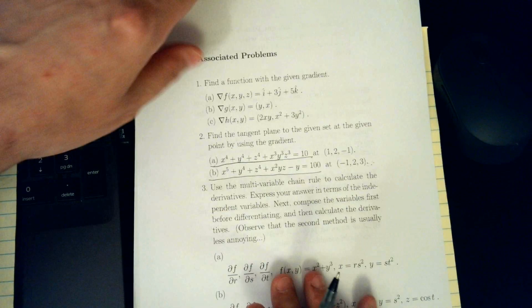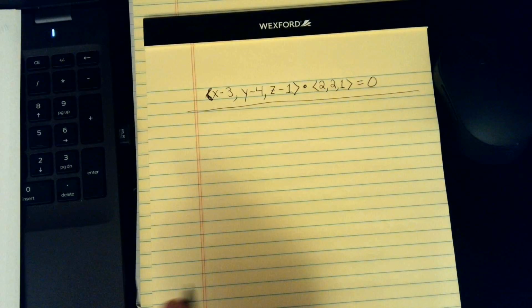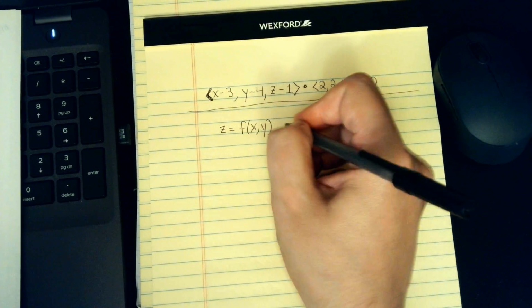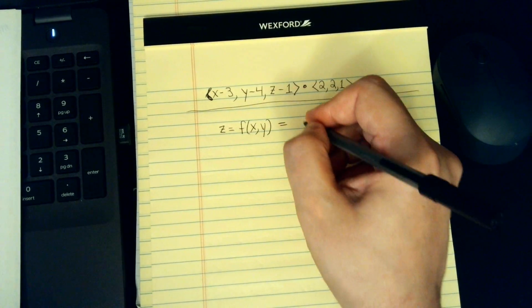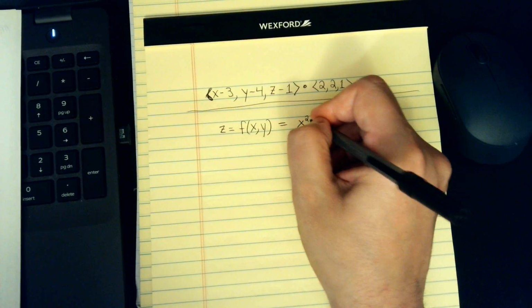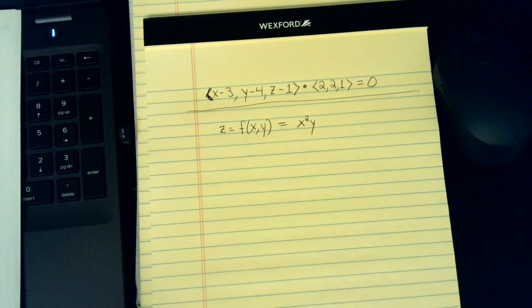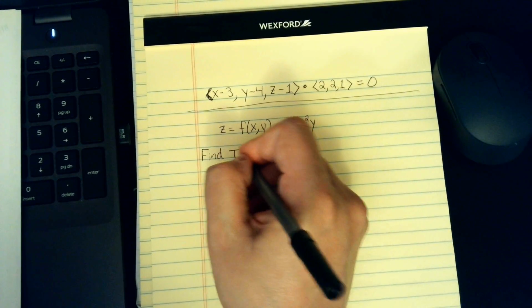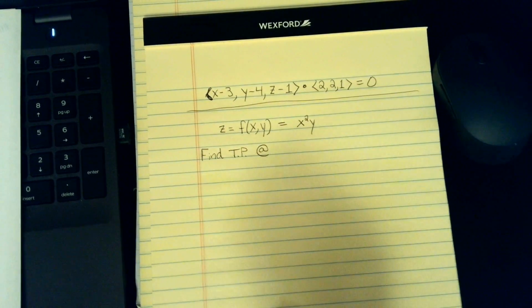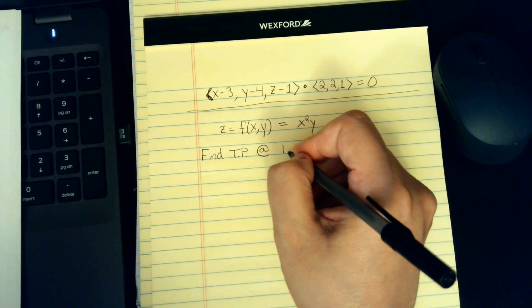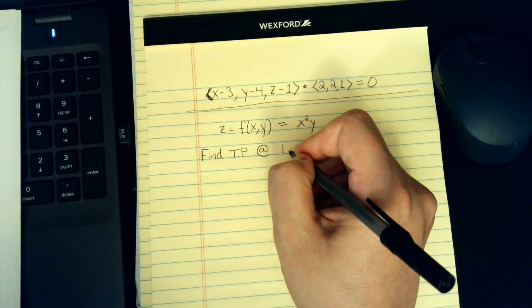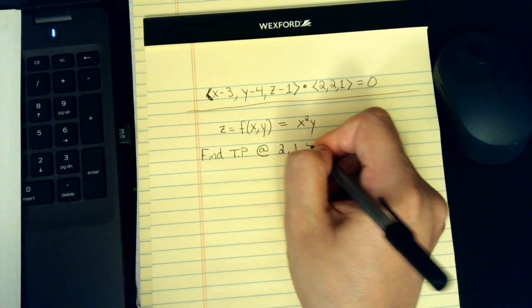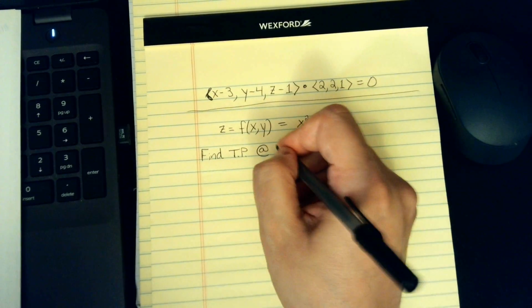Now then you could come at this the other way and say, well, hang on a sec, any of these other old problems, if I have z as a function of x, y, let's say equals x squared y, and I want to find the tangent plane at, let's make this simple, 2, 1, 4. That's certainly simple enough.